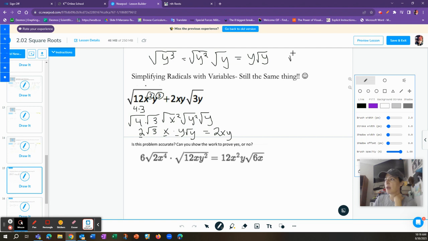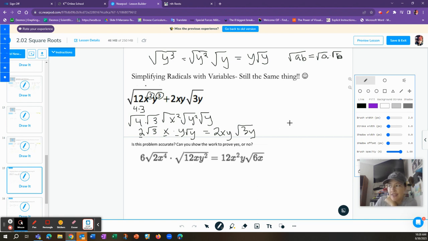Remember, we have that property, the square root of a times b is the same as the square root of a times the square root of b. Well, that's a 6. We can just put them back together then. If that's true, we'll put the root 3 and the y back together and we'll have root 3y. Hey, look at that. That's actually pretty cool.